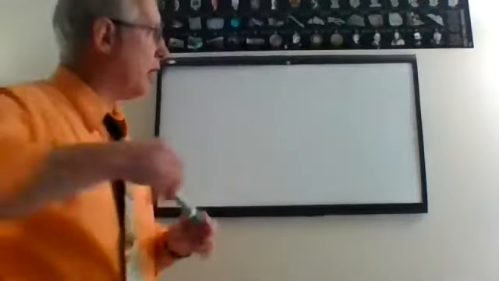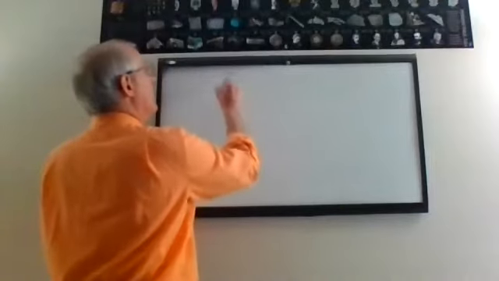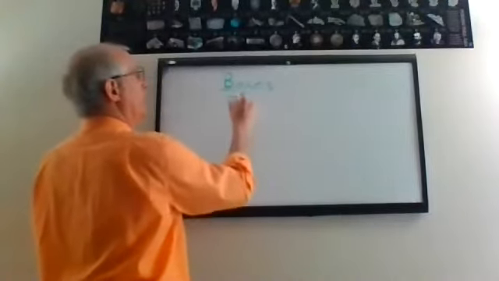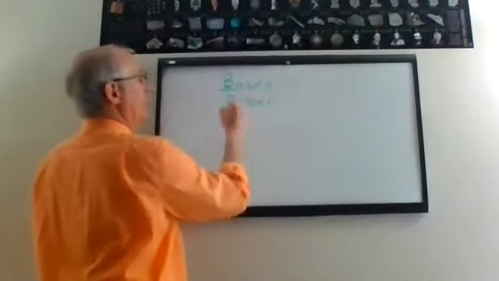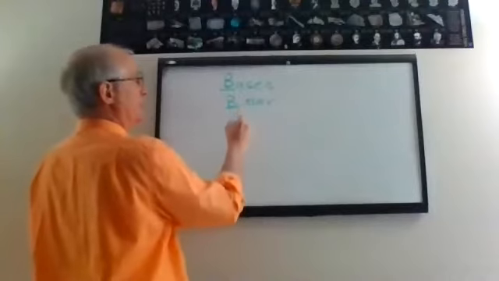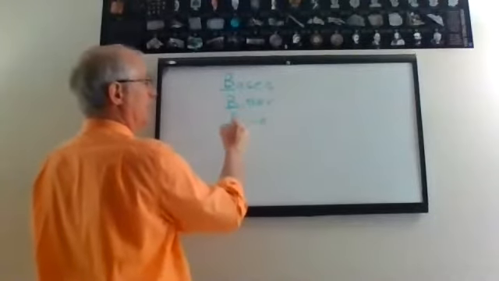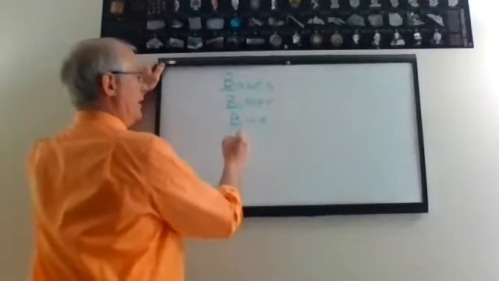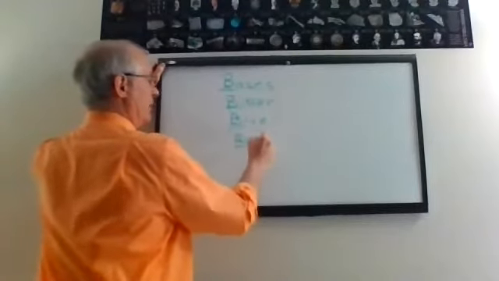And I'm going to summarize the bases right now on 471 and 472. Bases are bitter in aqueous solution, and they turn litmus paper blue, or indicators a different color, and they are slippery.